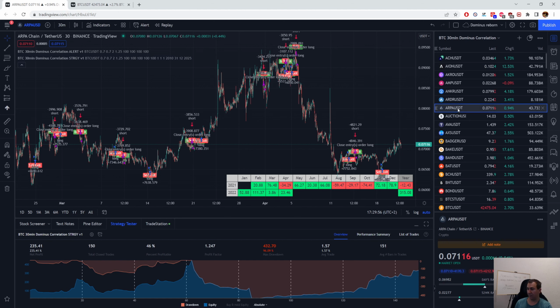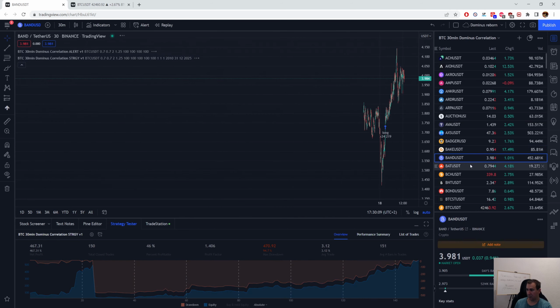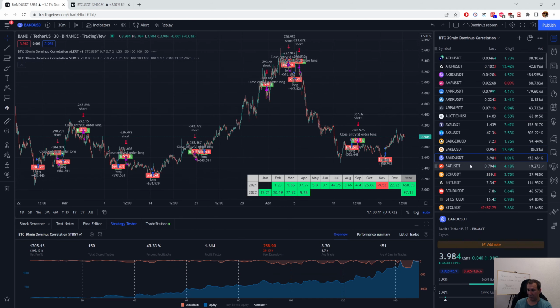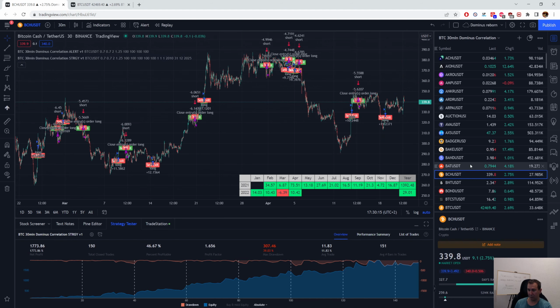But that's the beauty of having so many pairs, because if you diversify into all of them, in theory you're supposed to make much more gains than you would normally make just by trading BTC alone with this product. So it's going to be up to you if you want to trade all of these pairs, or diversify and use only some of them, or have some criteria. It's up to your own personal choice.